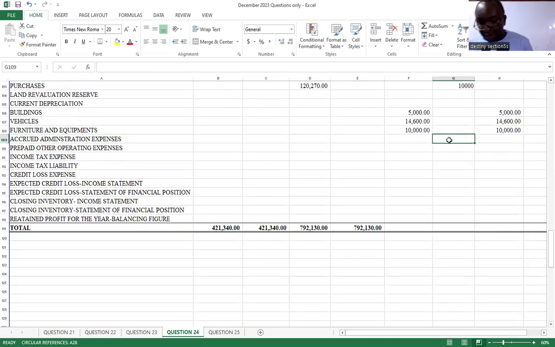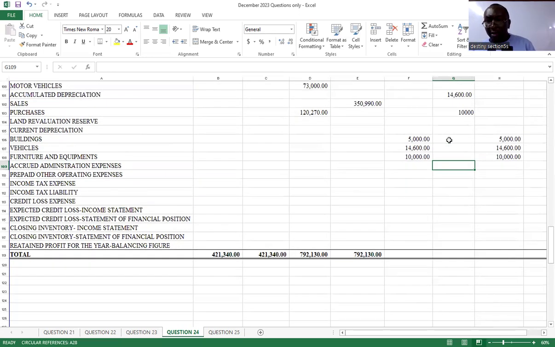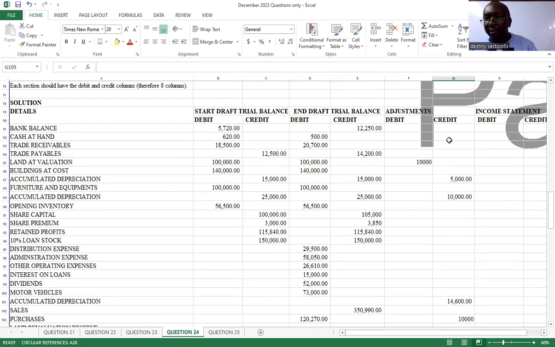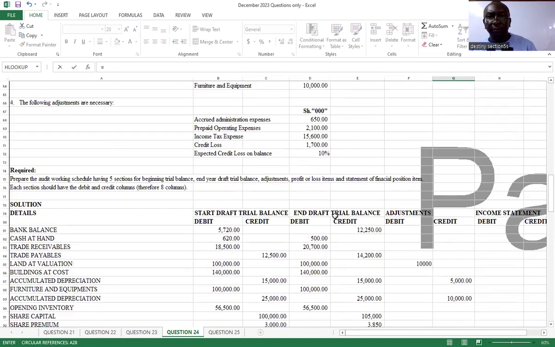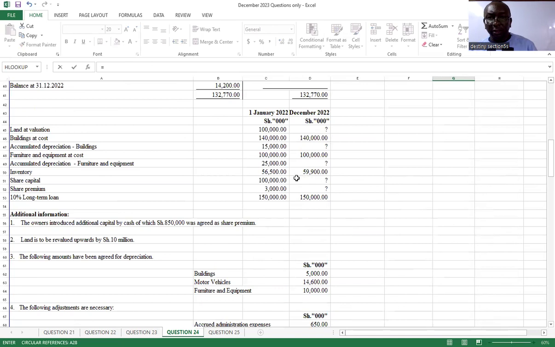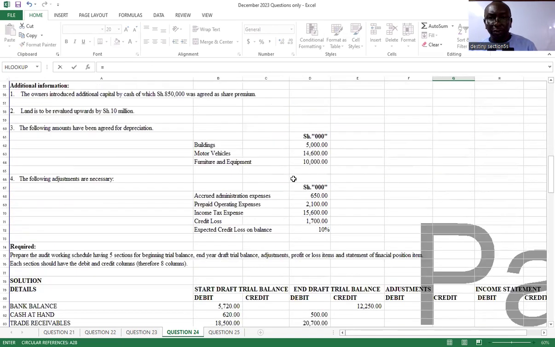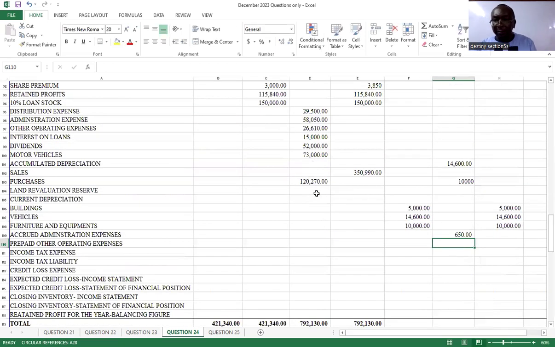So I'm supposed to come here and talk of that's the accrued expense. Is that so? The credit side. So this amount. That way.